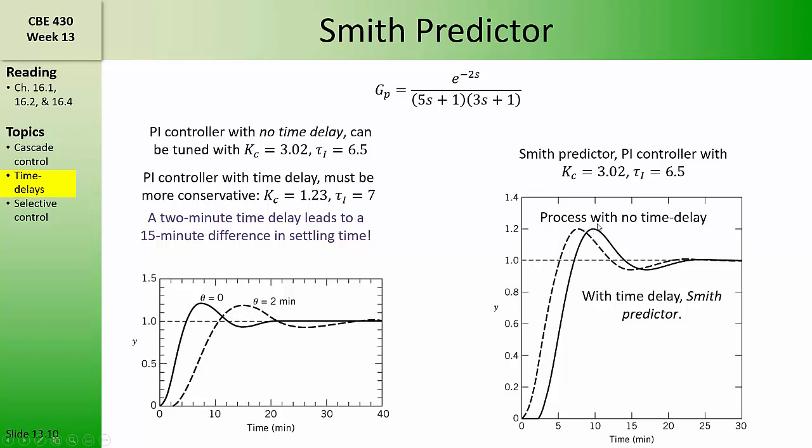When the Smith predictor is used, we can use our original settings for Kc and tau I. And now the response to set point changes is very similar to the response we would have gotten if the process did not contain the time delay, only it is delayed in time by an amount equal to the time delay. That is, it's delayed by the 2 time units.